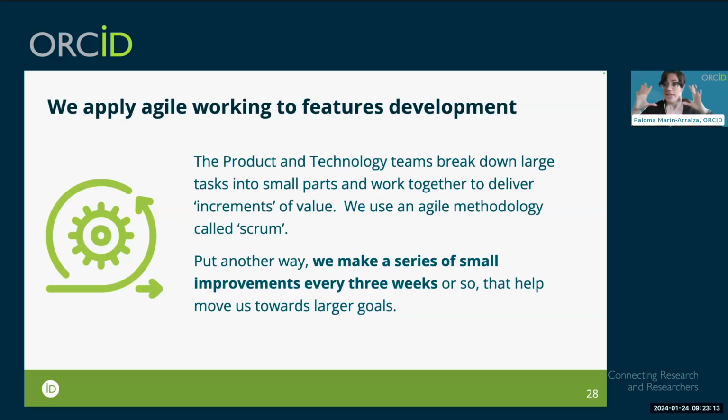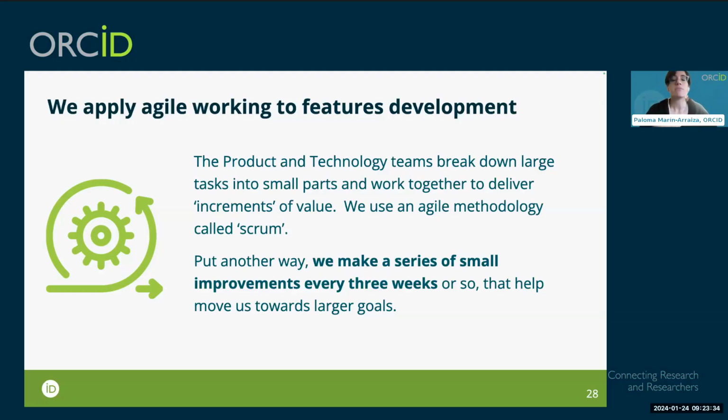So in other words, we have small improvements every 3 weeks, which are our sprints, so that at the end of the year, at the end of the semester, at the end of the quarter, we can basically have a larger goal accomplished.